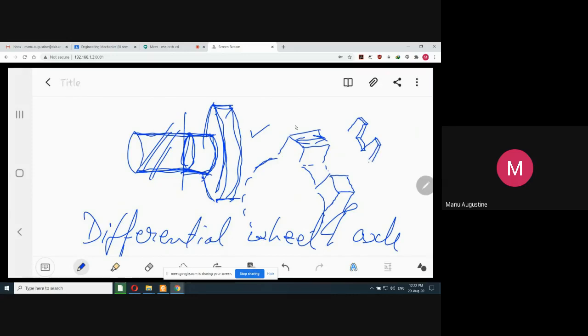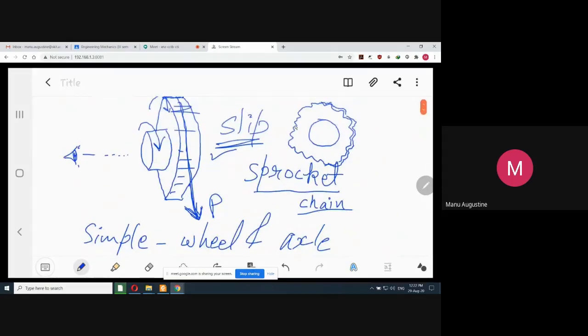So this is the basic difference between a sprocket and a gear. You can say that a sprocket is nothing but a gear only, but with the basic difference that the sprocket will have the width of the teeth which are considerably thinner than a gear. So sprocket is basically the name given to a gear with less thickness.